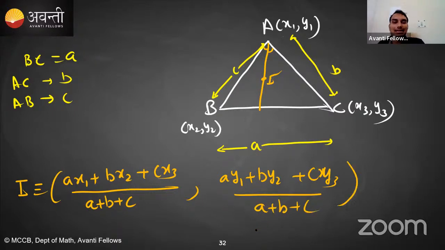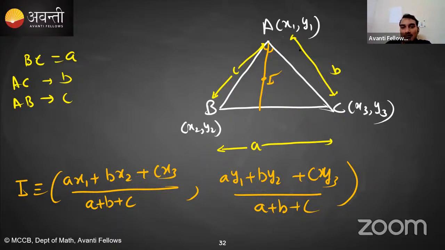The way to remember this: if you are writing the x coordinate of the incenter, the side opposite to x1 has length a, so a into x1, plus the opposite side length to x2 is b, so b into x2, plus the opposite side is c, then c into x3, upon a plus b plus c.